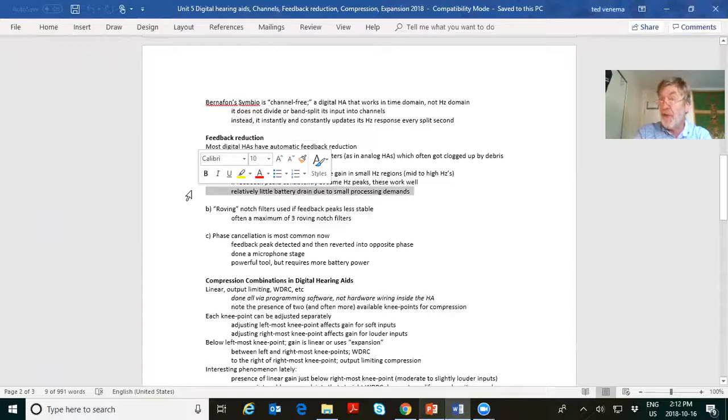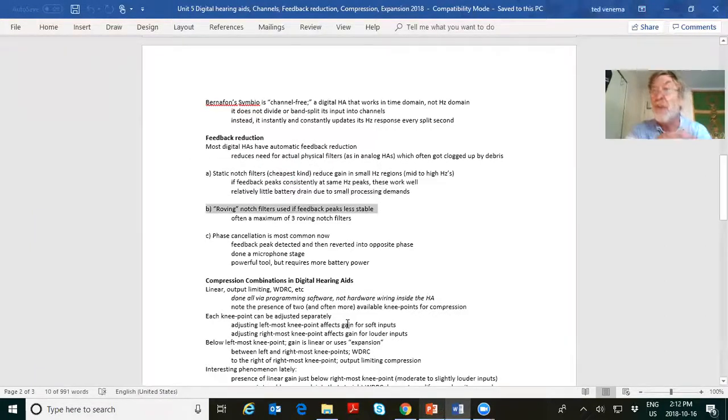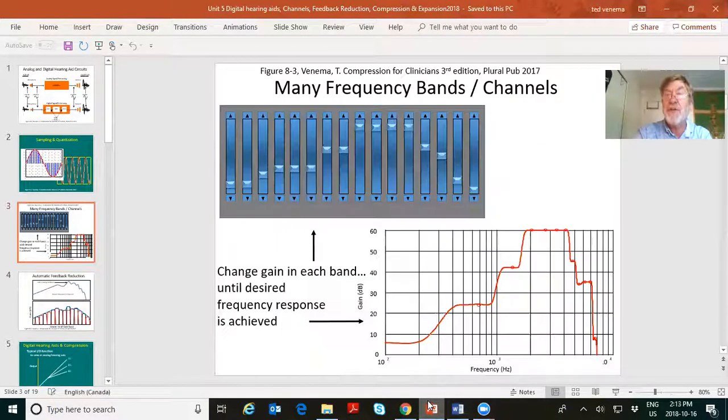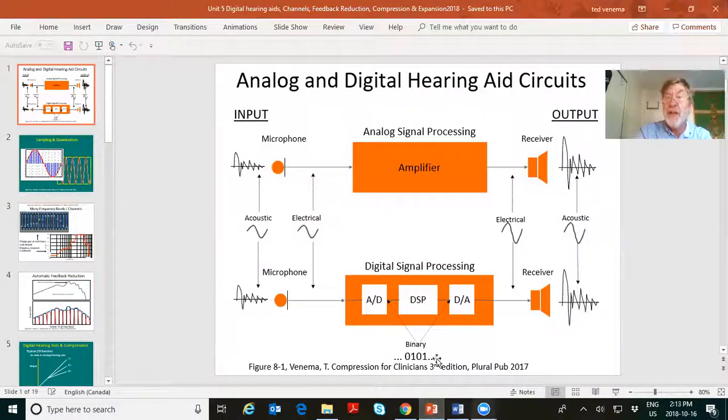Now think about this. Now you're going to get more complicated. Now you've gone up a step and you go to roving notch filters. So automatically your digital algorithms in your digital signal processor, let's go back to the slide here, this has to do way more number crunching.